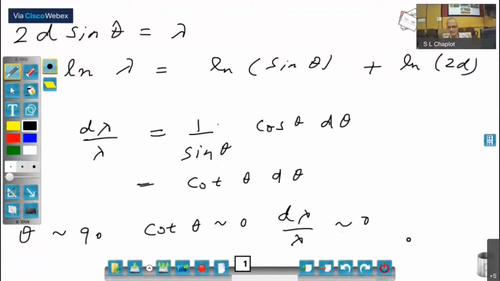But you're not really at 0, and in fact, if you're close to 90 degrees, then cos theta is 1, and therefore this becomes roughly d theta divided by sin theta.